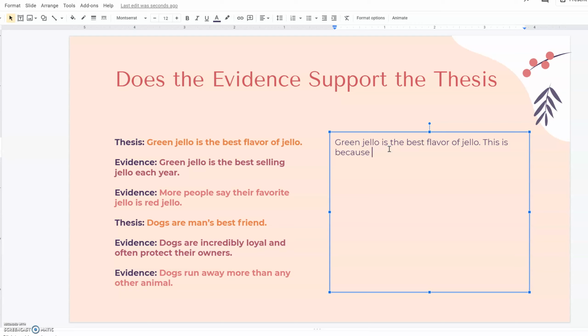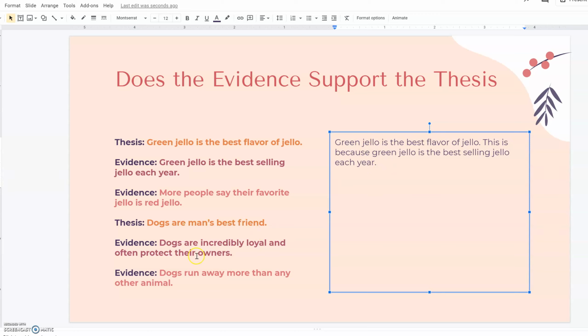This is because green Jello is the best-selling Jello each year. And I keep doing that. See how that works? So I have my thesis and I have a piece of evidence that supports my thesis, right?